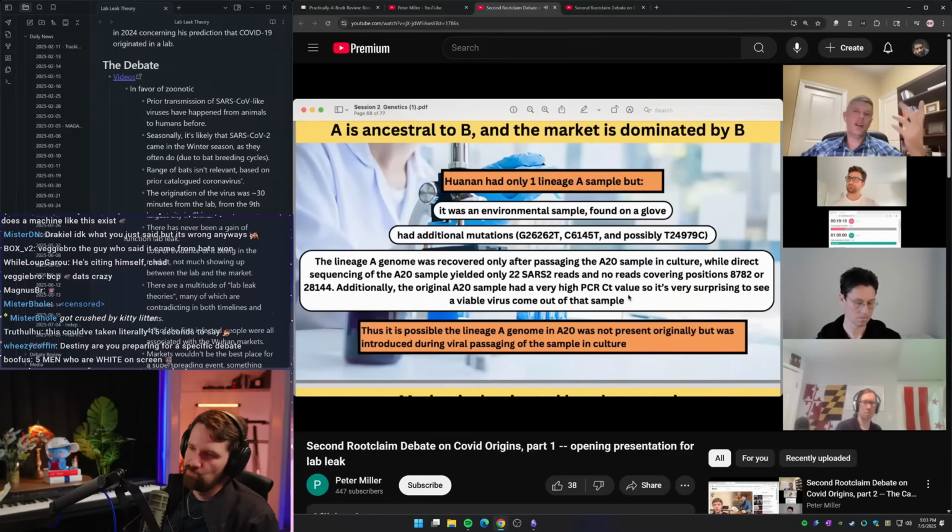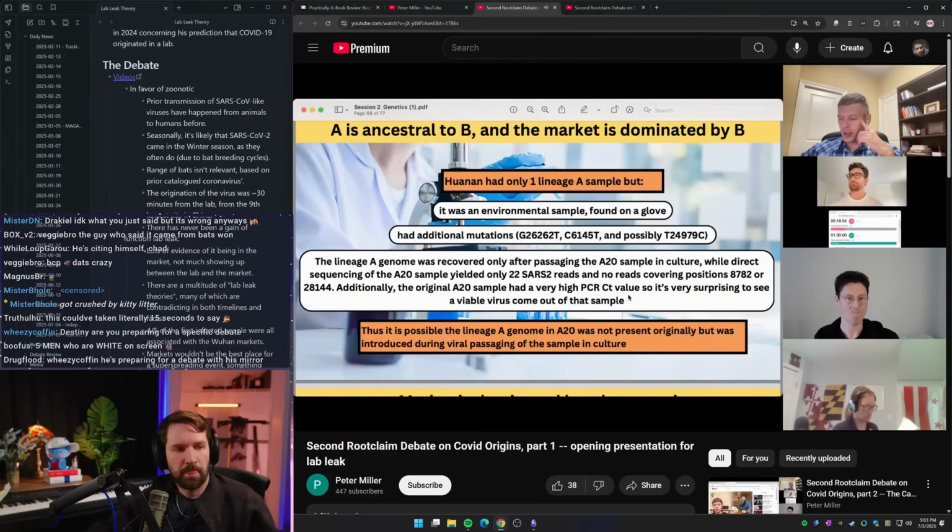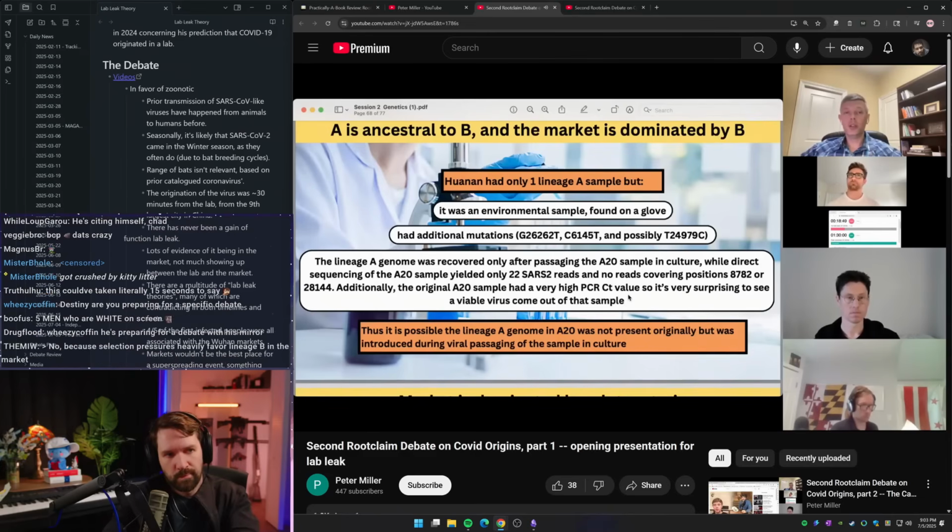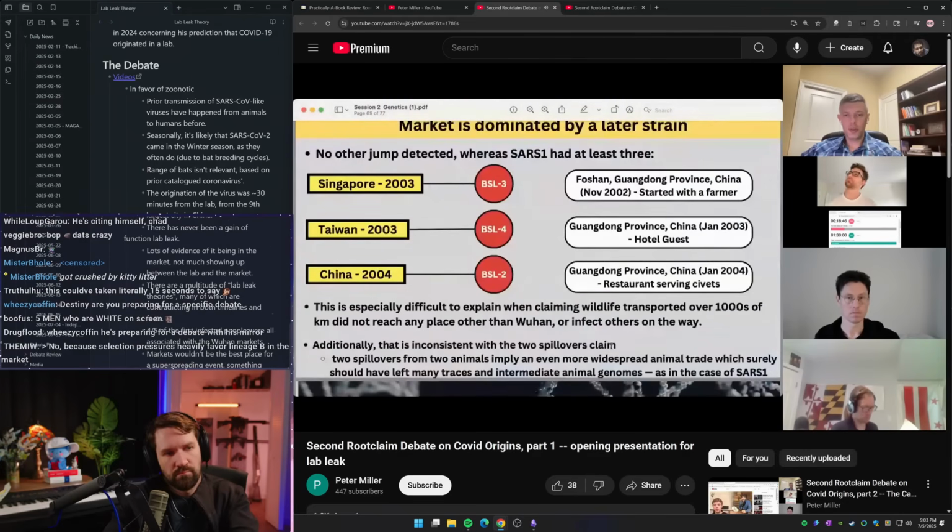The original glove sample had only about 22 SARS-2 reads and a very high CT value for the PCR screening, yet they managed to isolate a viable virus. And with additional mutations not seen in Wuhan until months later, all of this is really more consistent with contamination during sampling or sequencing.